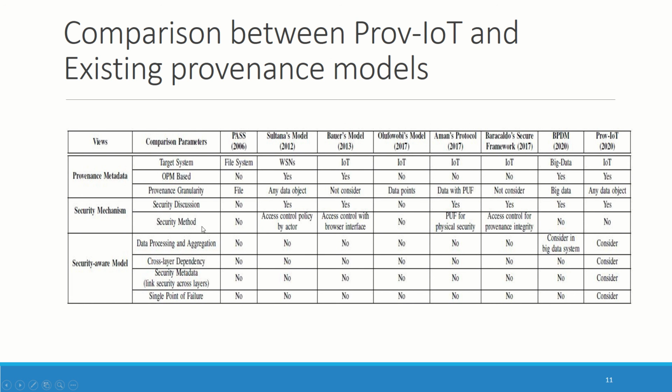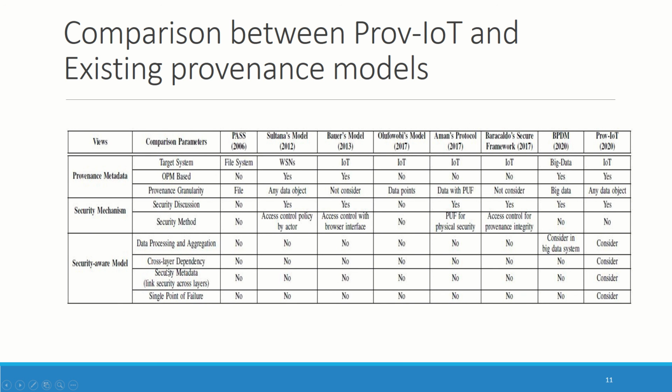It is really important to understand, as I already mentioned, that our proposed model is not actually proposing any kind of security method, but it discusses security and gives security awareness with the proposed model. With the security-aware model, we work with data processing and aggregation. All the steps have been involved.